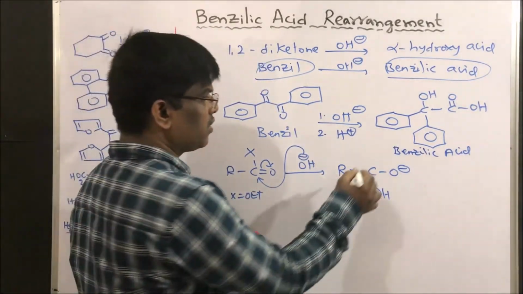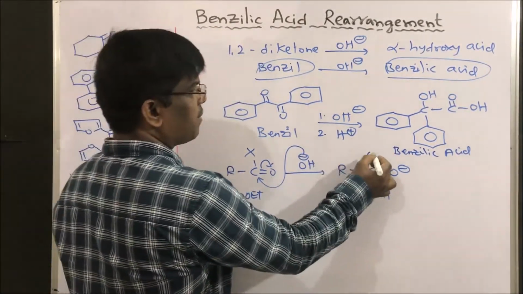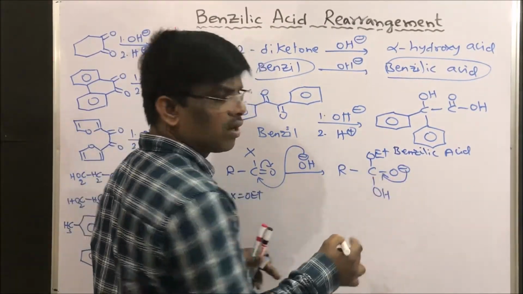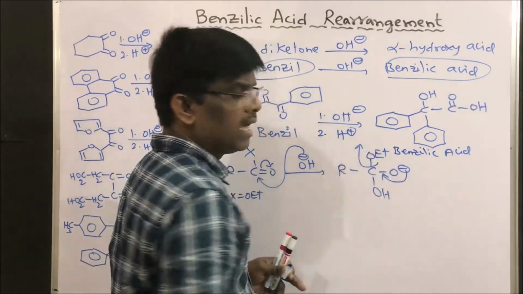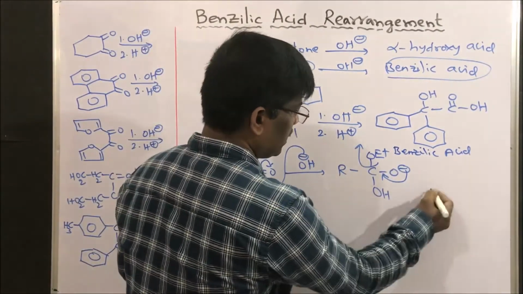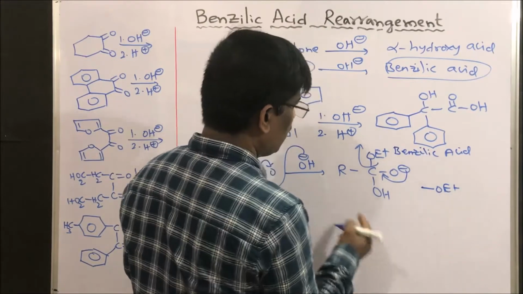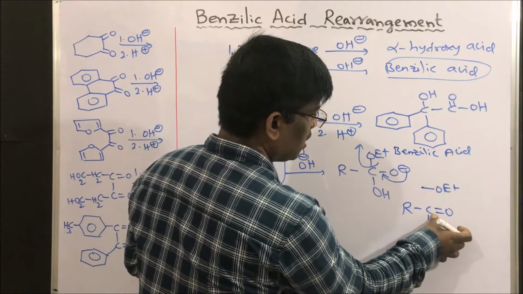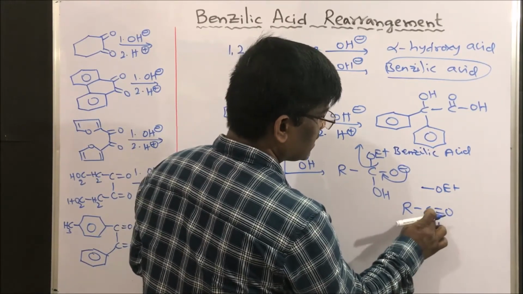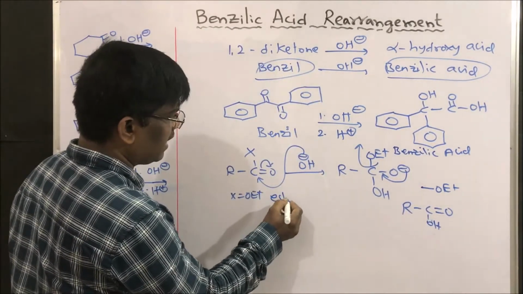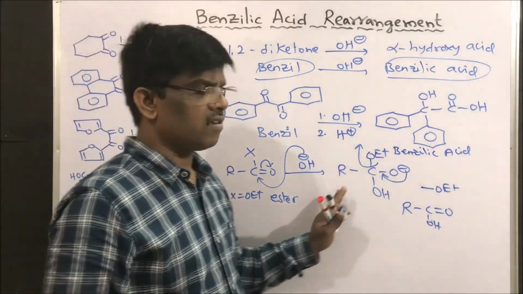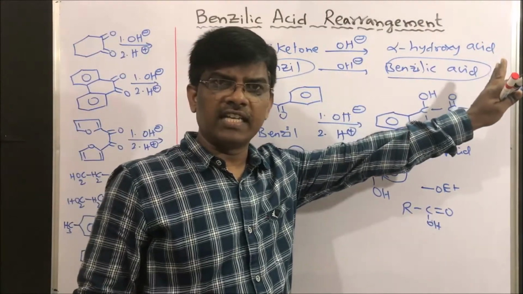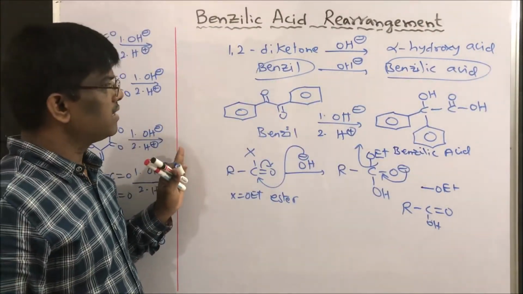Since it is an ester, the OEt is going to leave, that is minus OEt, and we are going to get the acid. So this is base hydrolysis of an ester. The way it takes place, this benzil to benzilic rearrangement also takes place. Let us learn the mechanism.